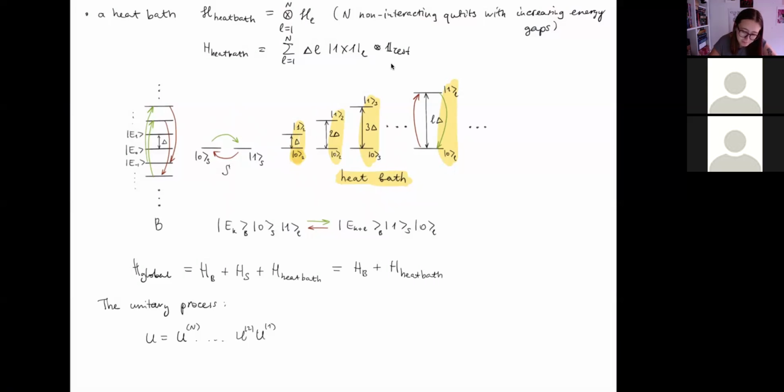So for example, suppose that we are looking at how the Lth unitary is applied, and suppose that the qubit S is in 0. The state of the battery is somewhere here, and then we're looking at the Lth qubit of the heat bath.